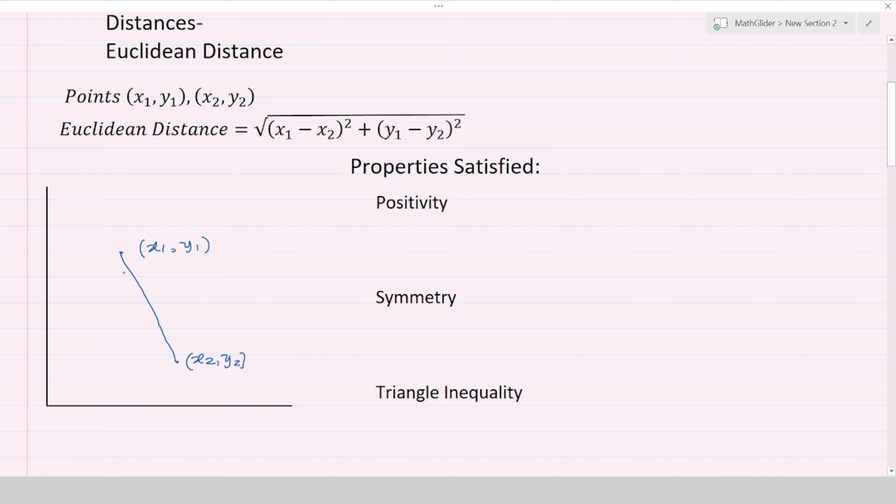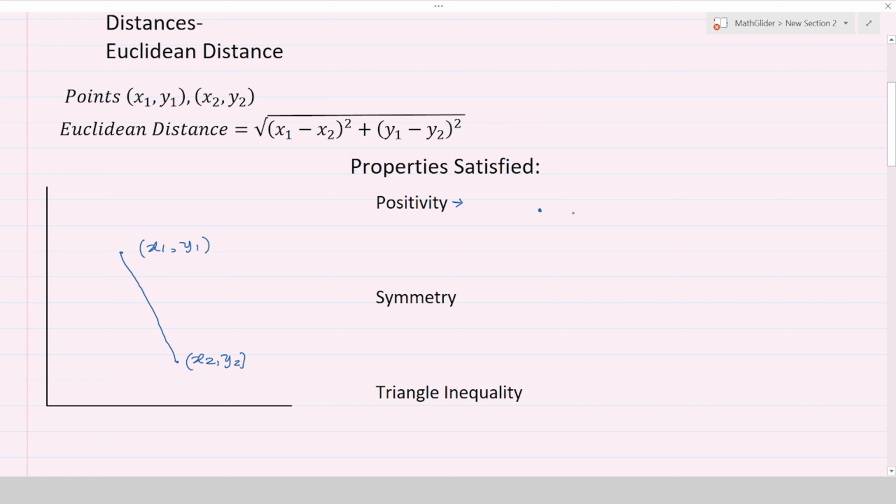So up till now, you know the distance as this Euclidean distance. Now we will see what properties are satisfied by this distance, so we can generalize the idea of distance much further. First of all, the positivity property. Let's check if this Euclidean distance has the positivity property.